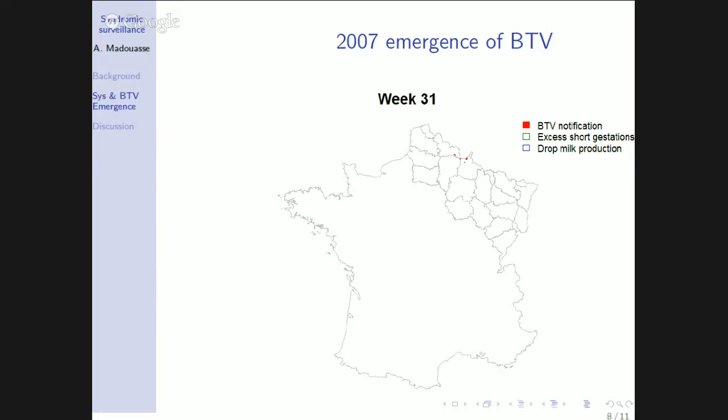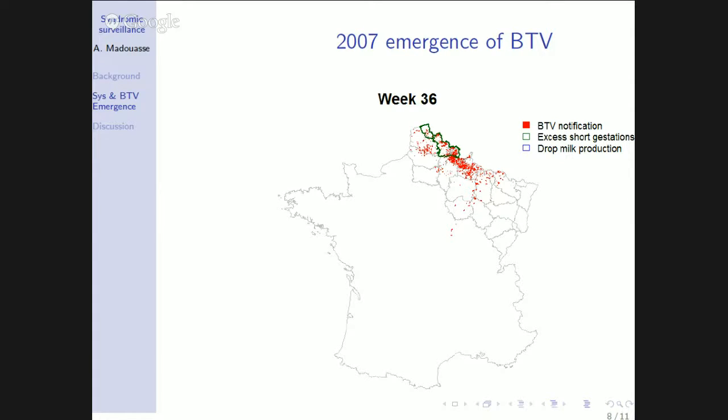We are at week 31, so that's 3 weeks after the first case, and the disease is progressing through France. Because we were expecting it, it was well recorded. Notification was mandatory, so it's quite comprehensive.